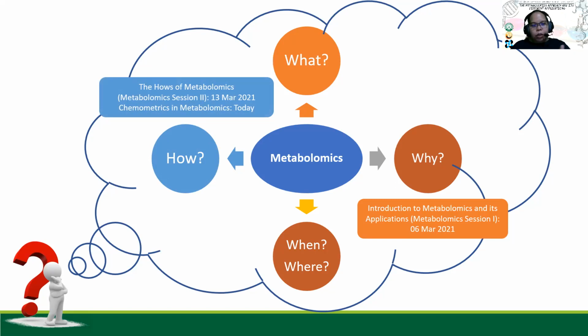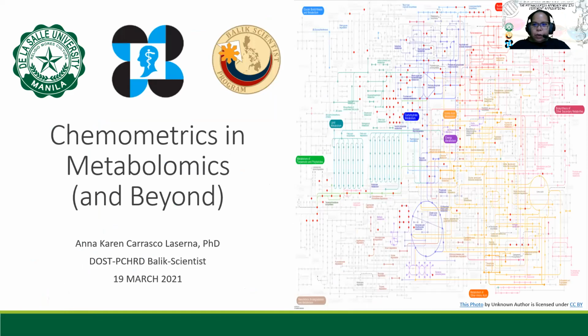in metabolomics and beyond. So for this particular session, we'll cover more of the data analysis as well as the subsequent steps of the metabolomics workflow. So again, our title is Chemometrics in Metabolomics and Beyond.